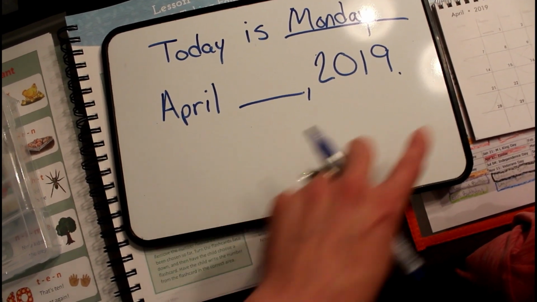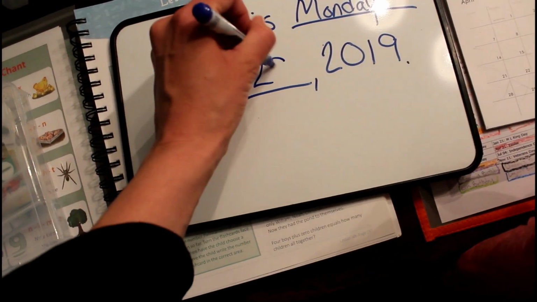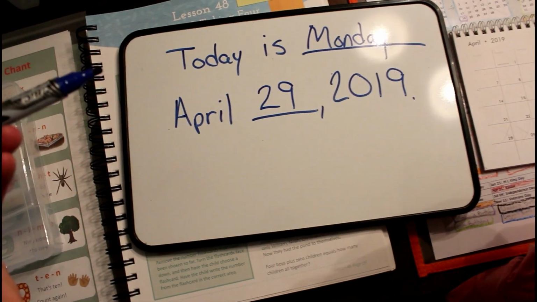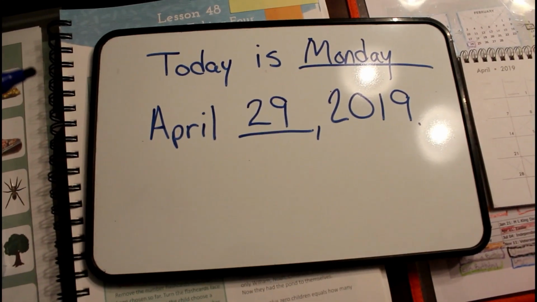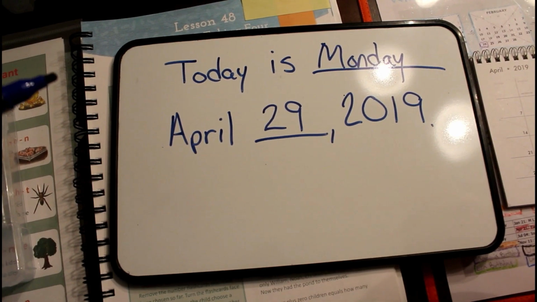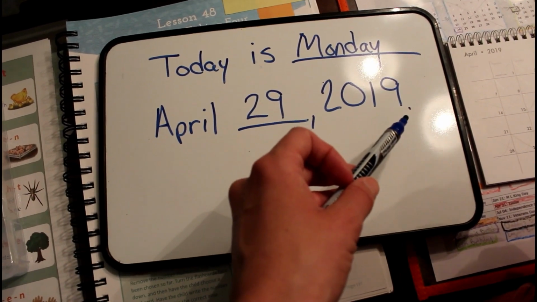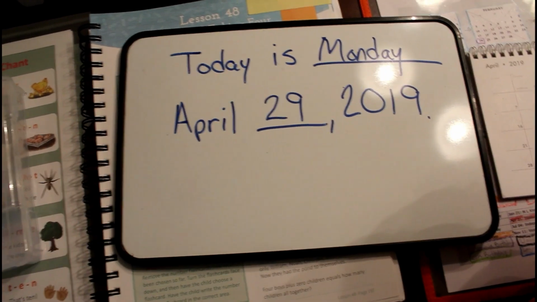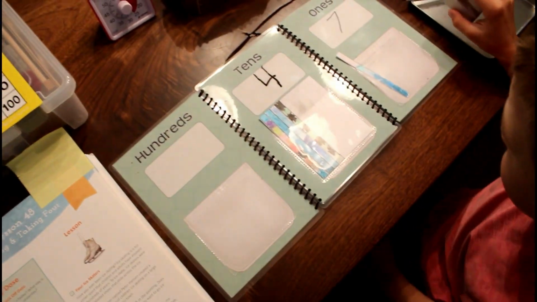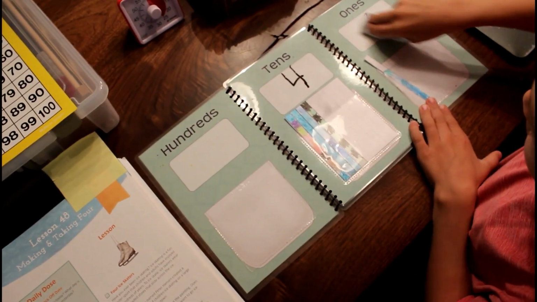What number is that? 29. Good, 29, which is the 29th. So repeat this after me. Today is Monday, April 29th, 2019. Good job.